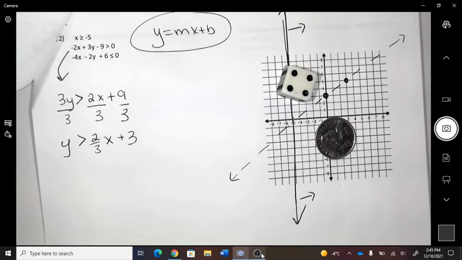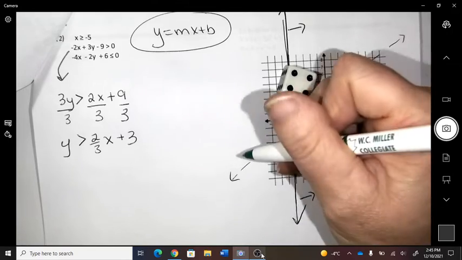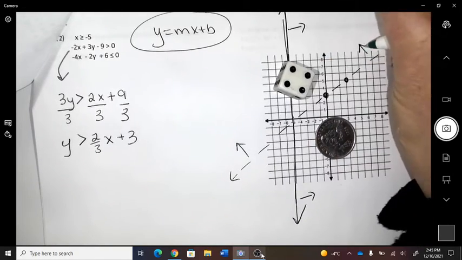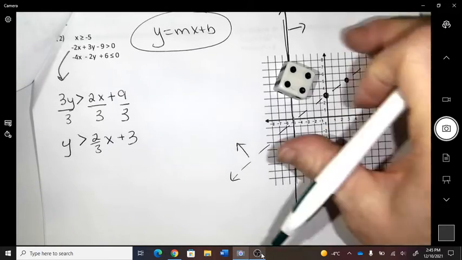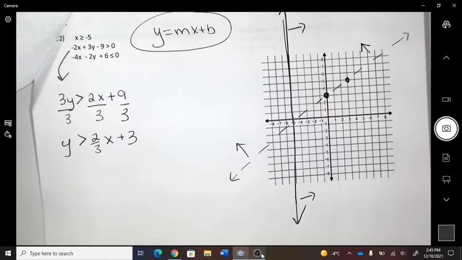The dice direction or the quarter direction? Which side is greater than, bigger? The dice side is heading upward. Okay, but we're not done. We have another line yet before we shade.